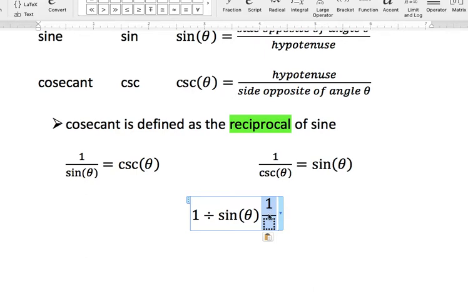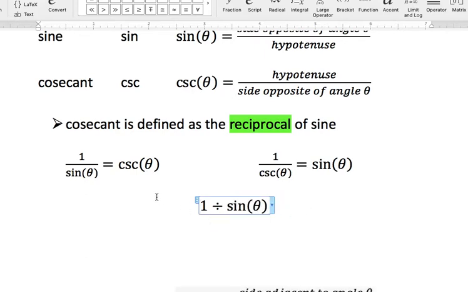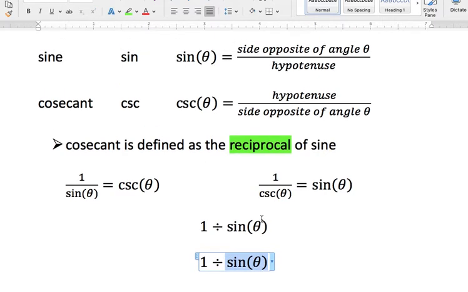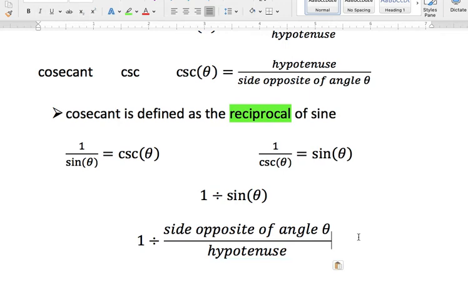Instead of writing it as a fraction, I'm just going to write it as 1 divided by sine. And we know that sine of theta is equal to the side opposite of the angle theta divided by hypotenuse. So since that is equal to sine, I'm just going to replace sine down here with it. All I did was replace sine of theta with something that was equal to sine of theta.